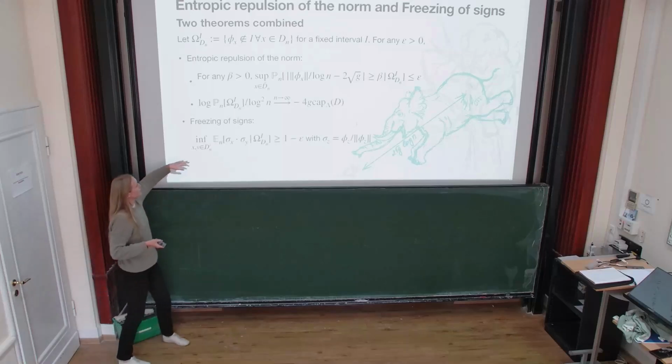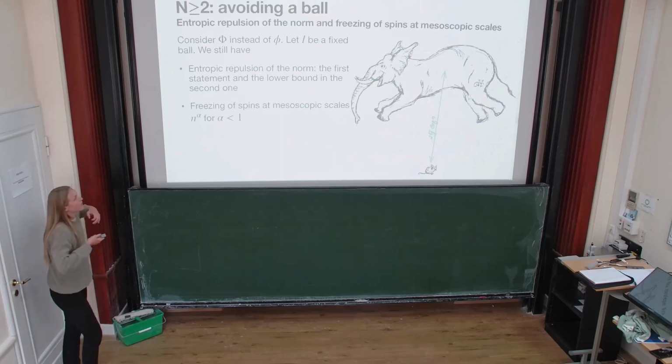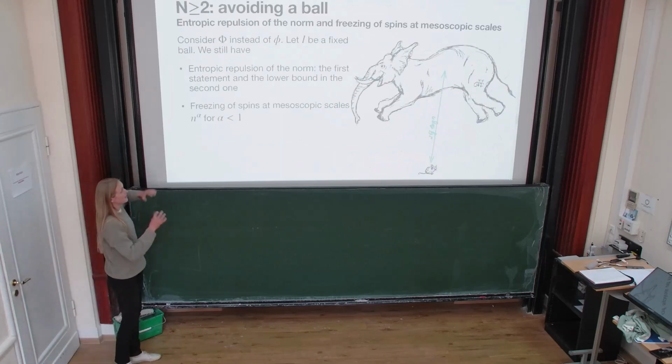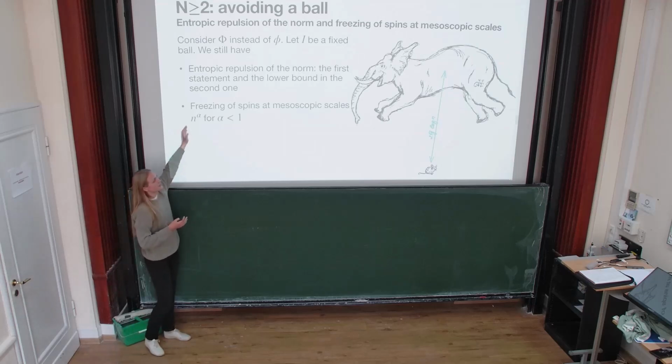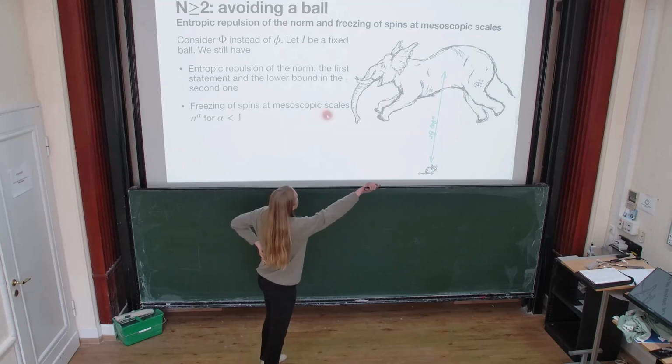Here it was at all scales, at scale n as well. What we managed to show is that now we also have freezing of spins at microscopic scales, meaning that if x and y are close enough, then at mesoscopic scale, their images would be close enough to each other in the GFF.